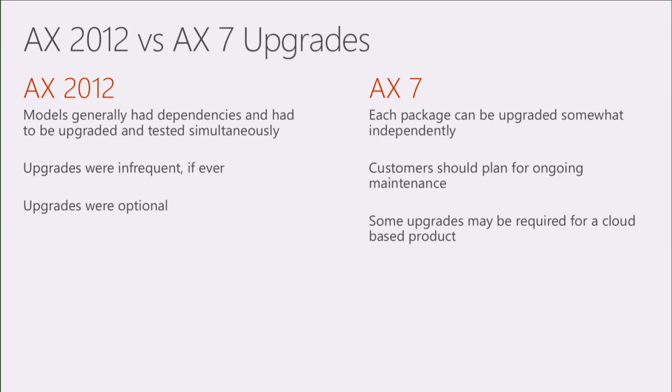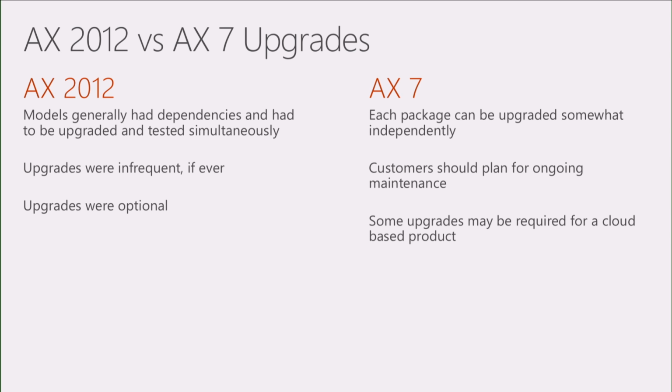So how does this impact upgrades? In AX 2012, because of the dependencies between these different models, it generally meant that I had to upgrade the entire application at one time. And that meant I had to test the entire application at one time. It was hard to take things in chunks. Because of that, upgrades were expensive and infrequent.